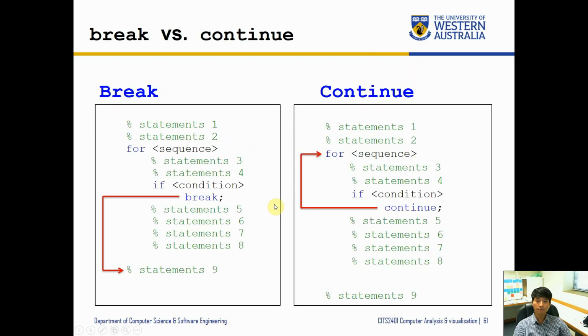So the difference between break and continue looks like this. If I'm breaking out in the middle, I'm skipping all of the remaining block of the iteration. But if I am doing continue inside, then I'm going back to the beginning and moving on to the next data.